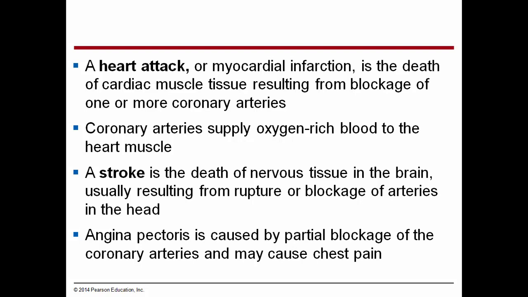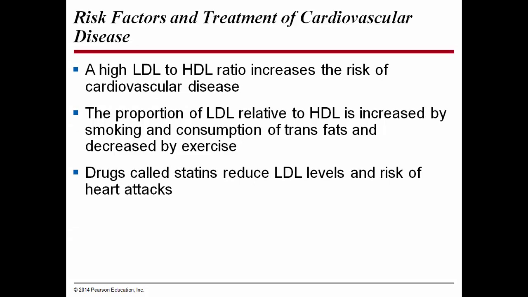Coronary arteries supply oxygen-rich blood to the heart muscle. A stroke is the death of tissue in the brain, usually resulting from a rupture or a blockage of arteries in the head. Angina pectoris is caused by partial blockage of the coronary arteries and may cause chest pain.